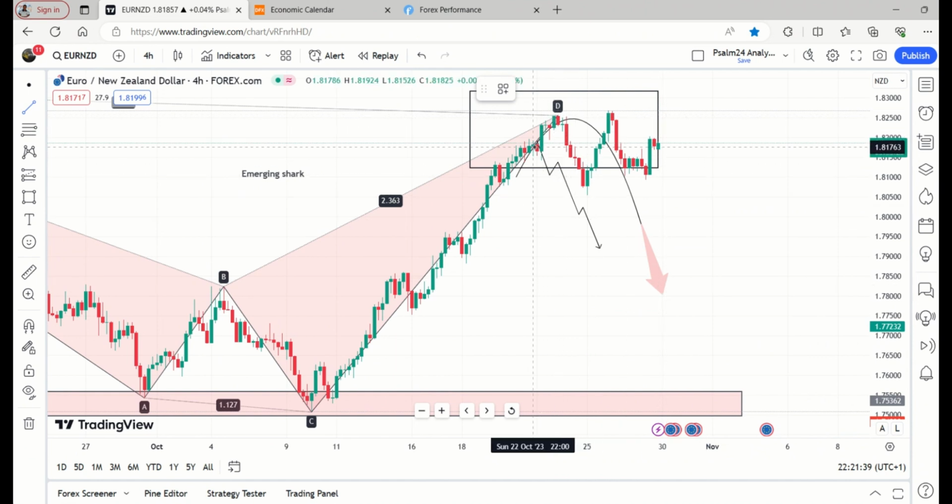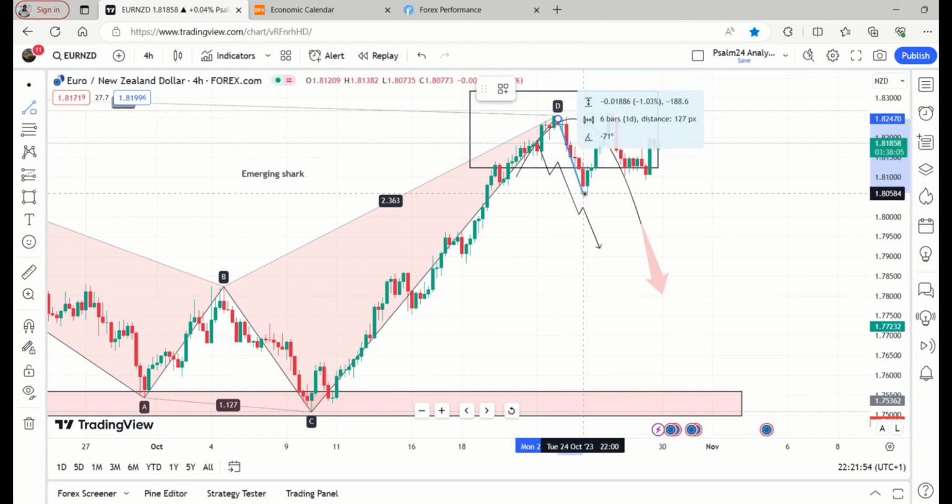What happened from here was that the market came here to our significant key zone, and then when it got here, let's see how many pips the market dropped by. When the market got here, we took the trade, and then it came down.